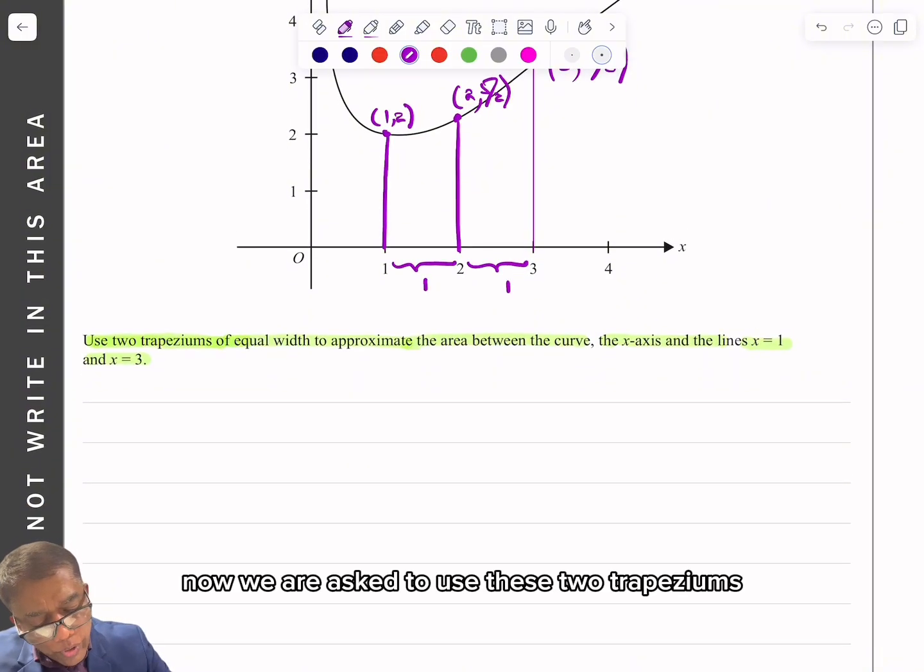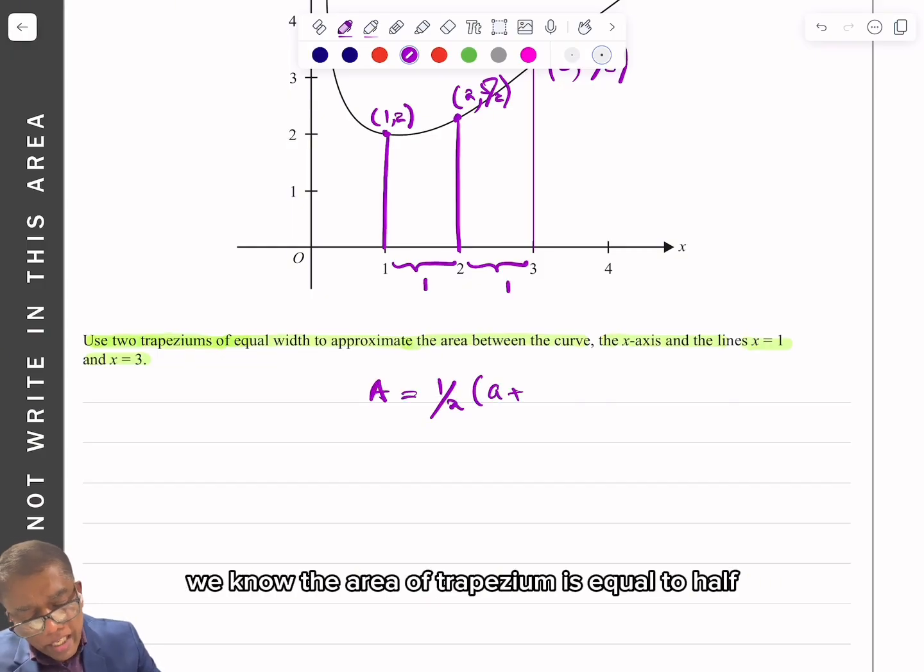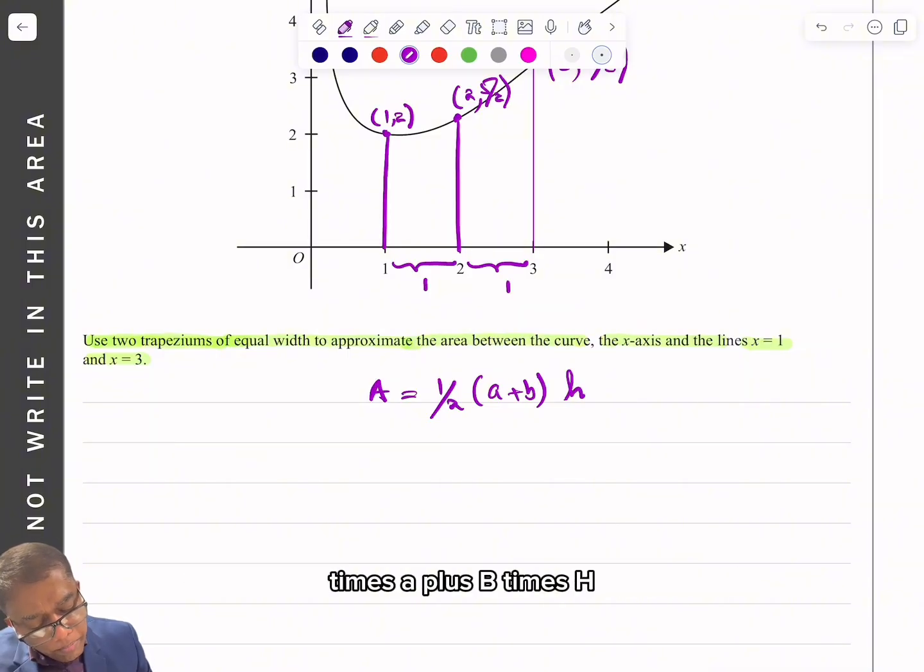Now, we are asked to use these two trapeziums. We know the area of a trapezium is equal to half times (a plus b) times h. What is a and b?